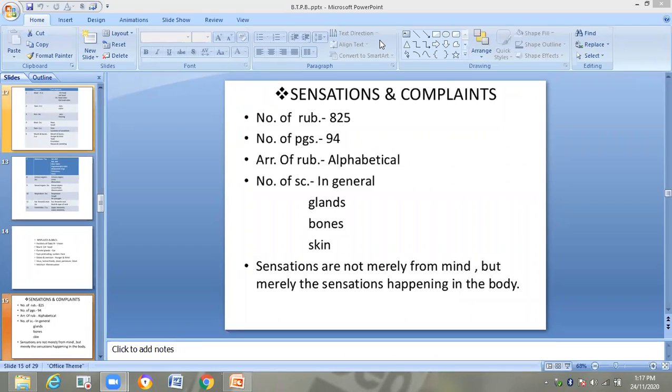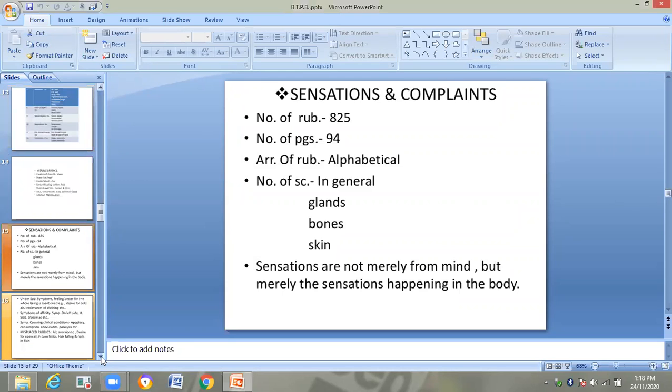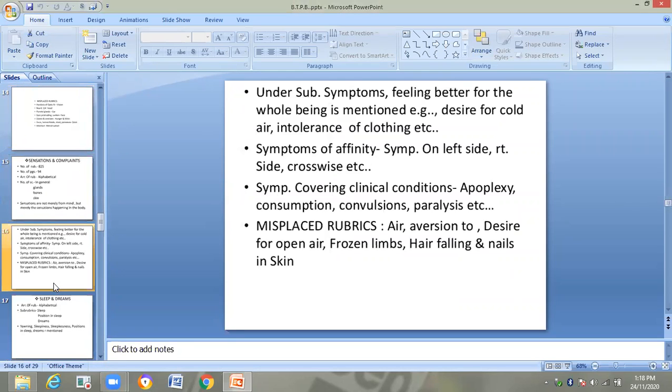Sensations are not merely from the mind, but the sensations happening in the body. Under subjective symptoms, feeling better for the whole being is mentioned, for example, desire for cold air, intolerance of clothing.